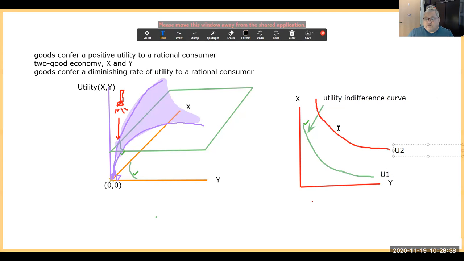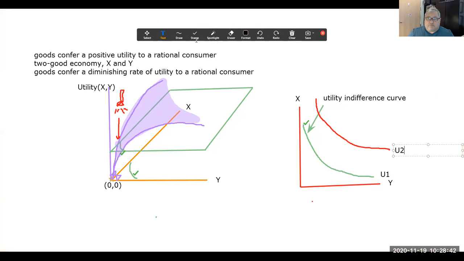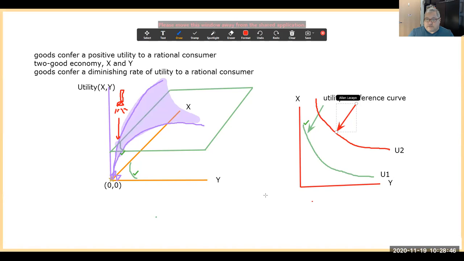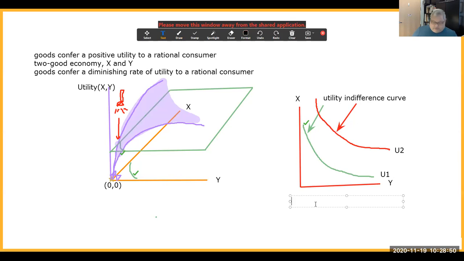And U2, the points on the red indifference curve are points that offer the individual higher levels of utility. So all the bundles of consumption along U2 have a greater utility than U1 bundles.